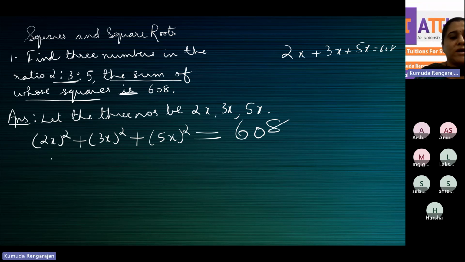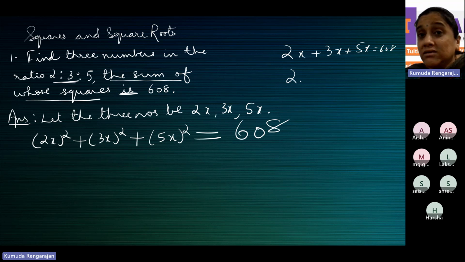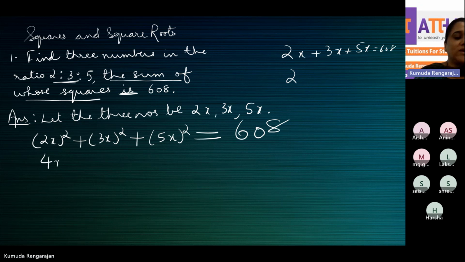Now what is 2x the whole square? 4x square. 2 into 2 is 4, x into x is x square. I think now you can start writing. Now, Surya, what's the answer?